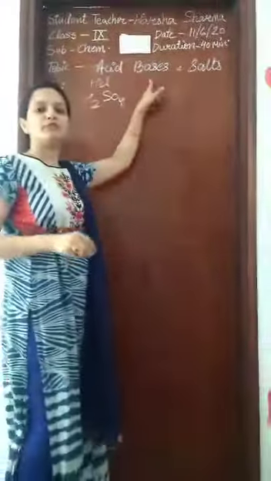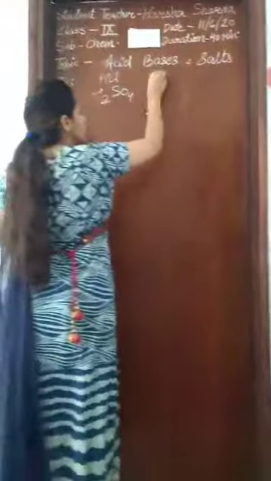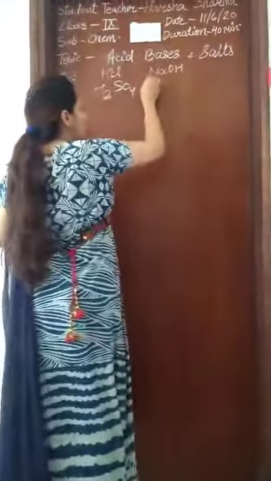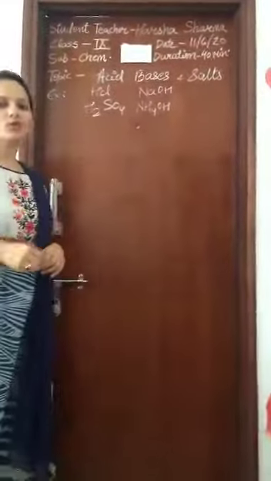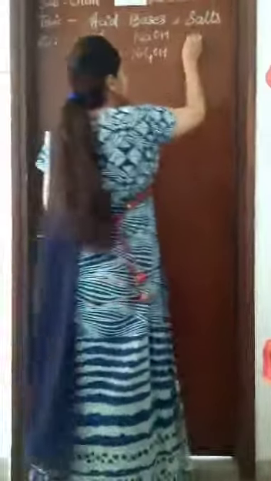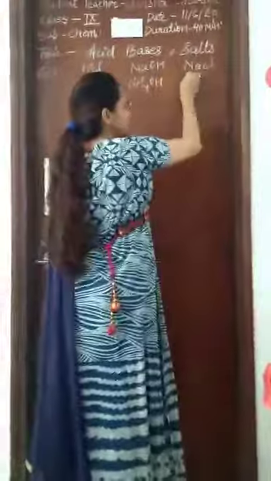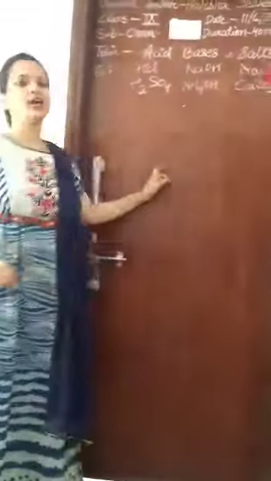Some examples of bases are sodium hydroxide or ammonium hydroxide. Whereas the most common example of salt is table salt or NaCl, or chalk powder or calcium carbonate.